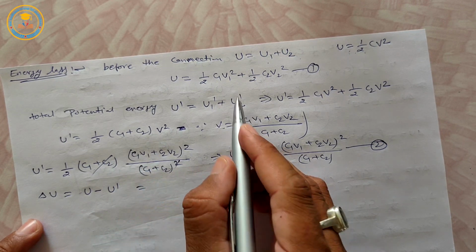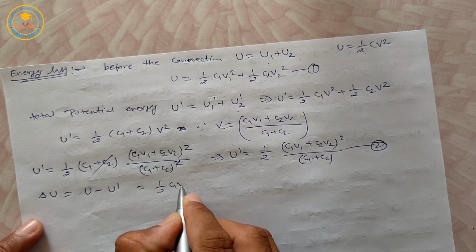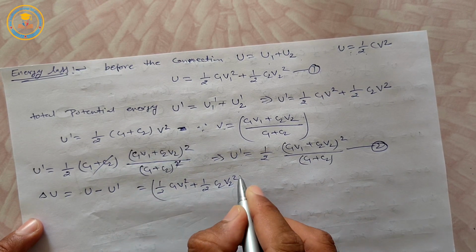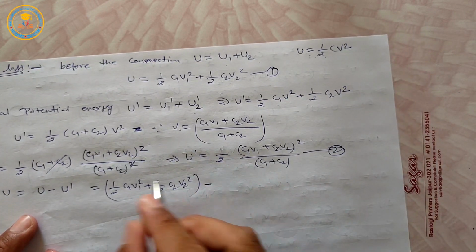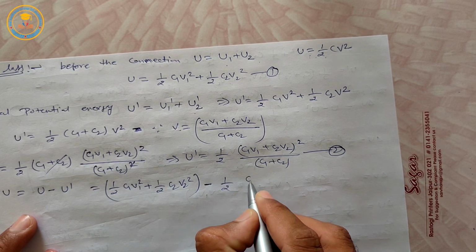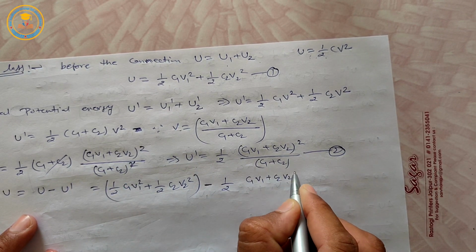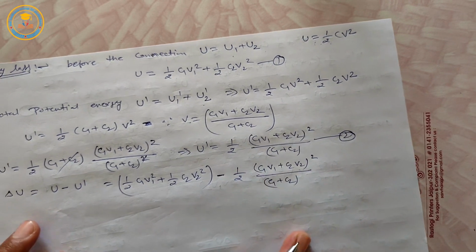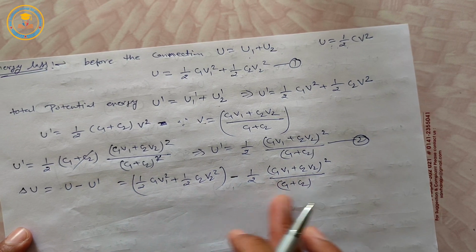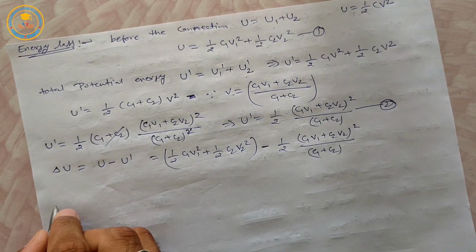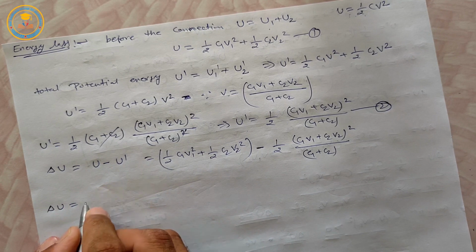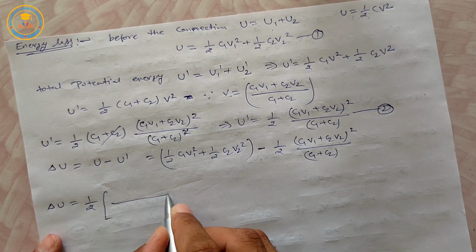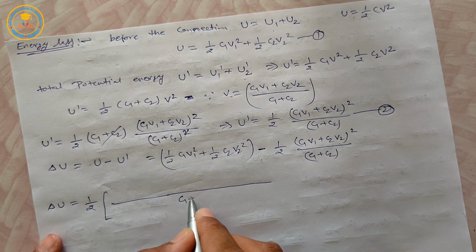Then U is 1 by 2 C1 V1 square plus 1 by 2 C2 V2 square, minus U dash, which is 1 by 2 (C1 V1 plus C2 V2) whole square upon (C1 plus C2). Take the LCM of this equation.